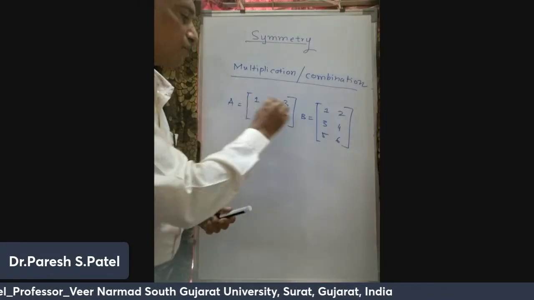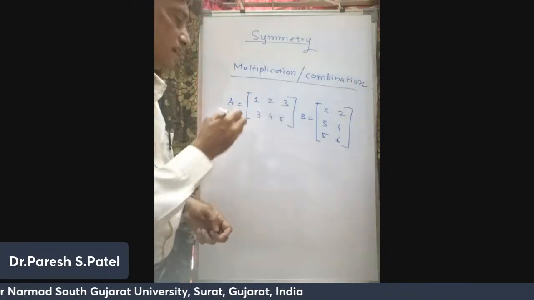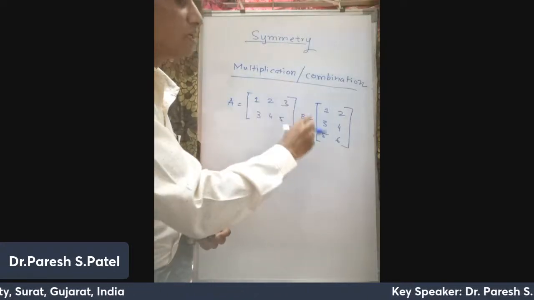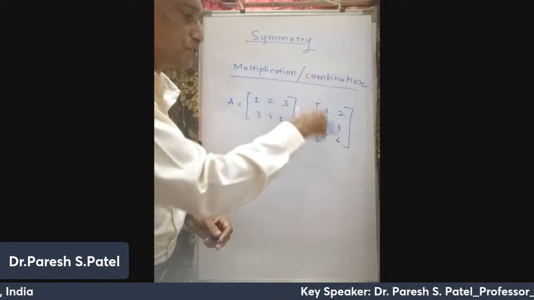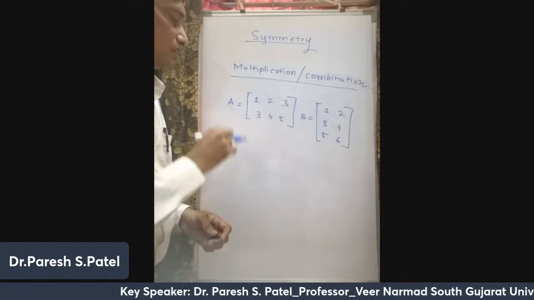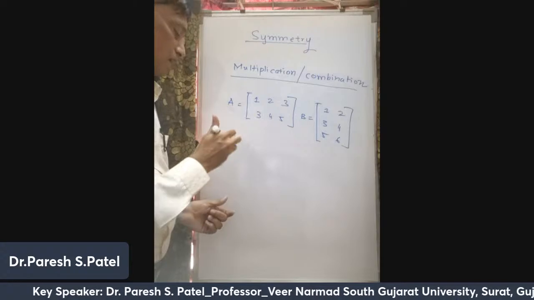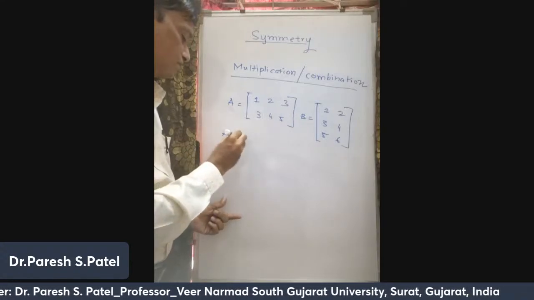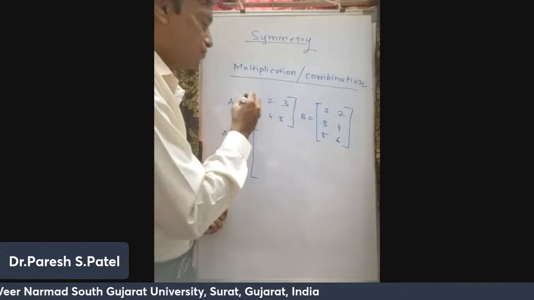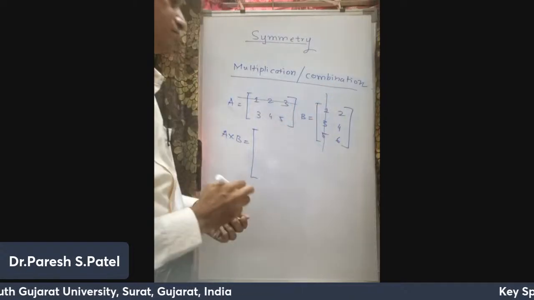Now here, matrix A consists of 2 rows and 3 columns. Matrix B consists of 2 columns and 3 rows. So here combination or multiplication can be possible. A cross B is equal to, we have to go for the first row, first column.